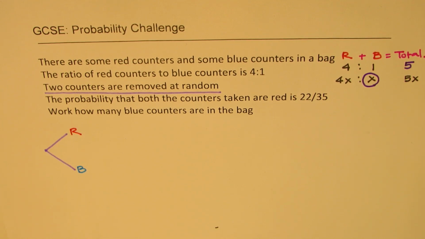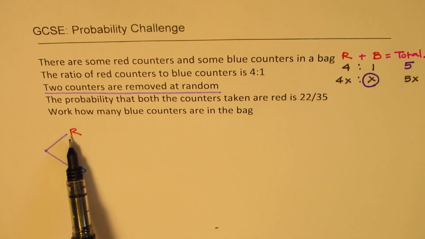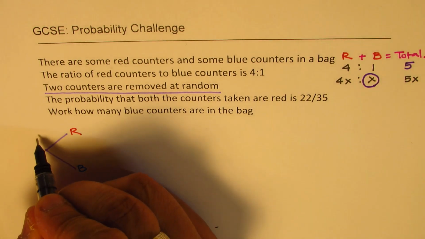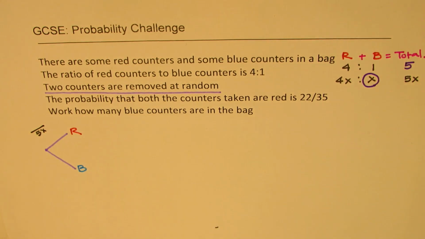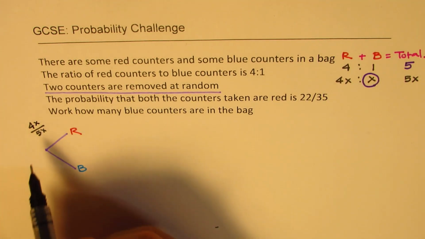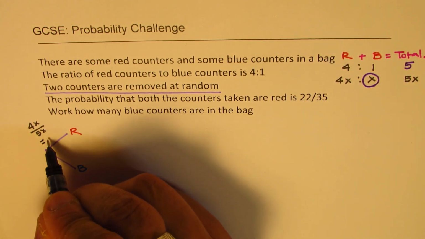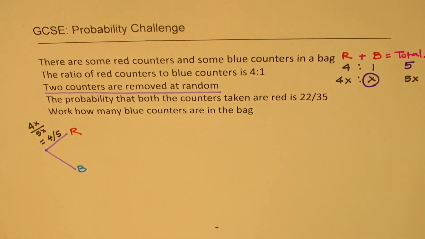Then it becomes complete. Now clearly, total is 5x and the number of red is 4x. So this ratio here is 5x comes in the denominator, which is the total, and 4x for red comes in the numerator. Now since x and x cancel out, you could also write this as 4 out of 5. Is that clear to you?